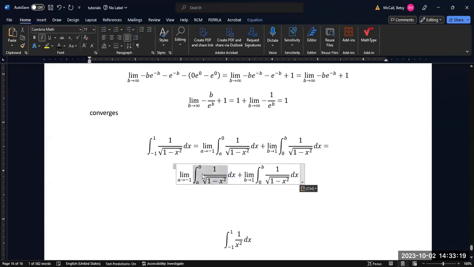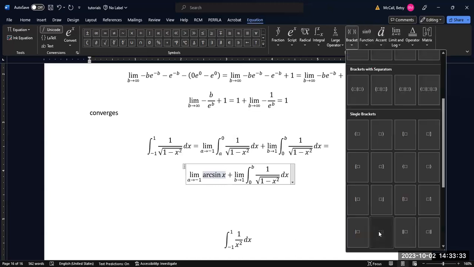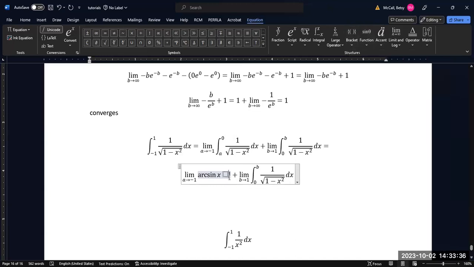So this will become arcsine x, and we don't need the dx, and evaluated from A to 0.